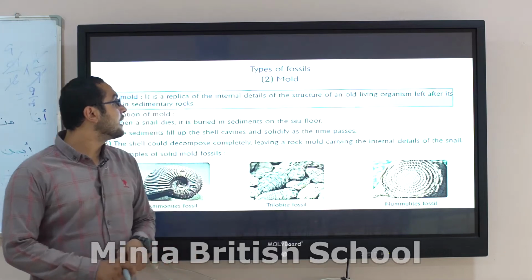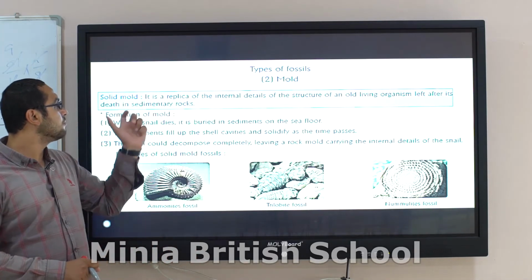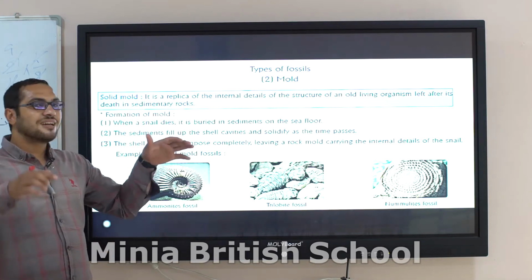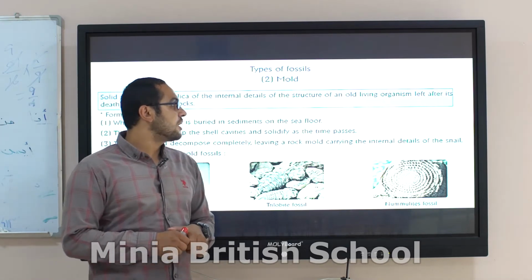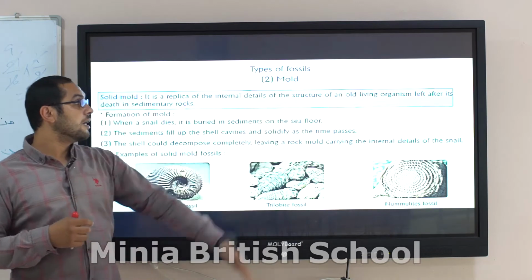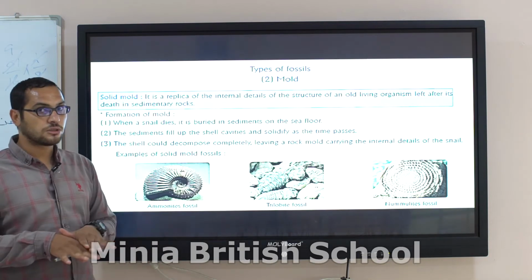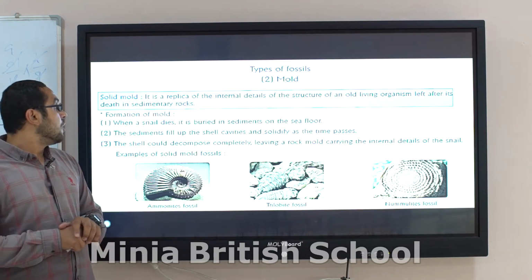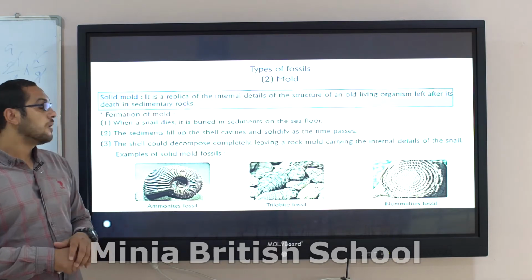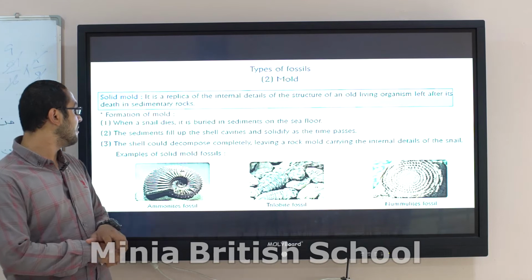The second type is mold. Mold or solid mold is a replica of the internal details of the structure of an old living organism left after its death in sedimentary rocks. For example, take a snail.